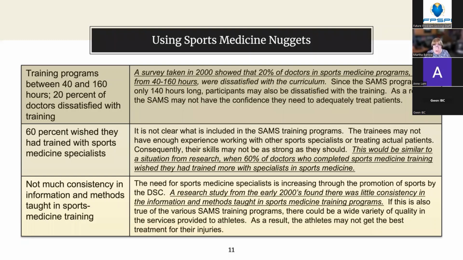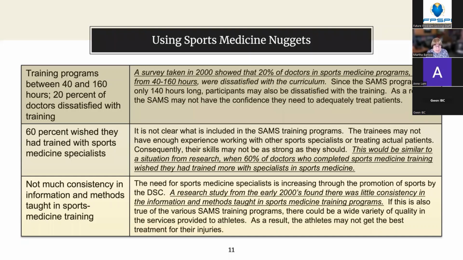Now, that would be a very decent challenge, but the addition of this would be a similar situation from research, when 60% of doctors who completed sports medicine training wish they had trained more with specialists. And that would be the nugget that would increase the part showing research.